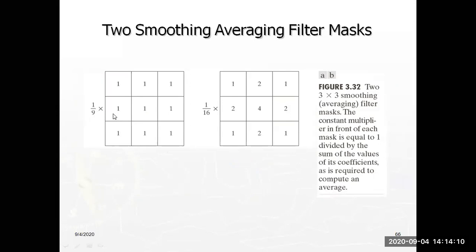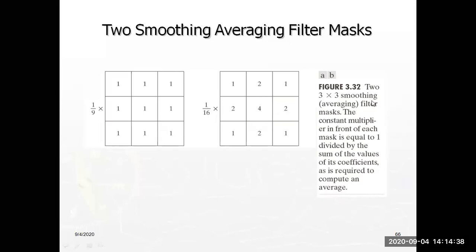So 1 by 9 into all weights of your mask equal to 1. Similarly, another one, 1 by 16 into your mask values like this. Your center value is 4, diagonals are 2, and the remaining all 1. If you add all these, the total value is 16. So 1 by 16 into the mask.